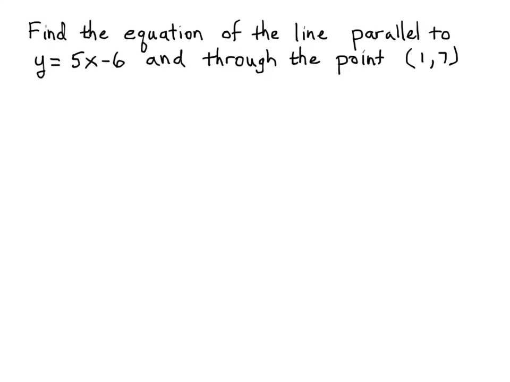We're calculating a parallel line from another line. The first thing to realize is that we already know the slope. The slope of this line is 5. And then we stick it into the point slope formula with the point we want to go through. So x equals 1, so we have x minus 1, and then y minus 7 because the y value is 7.